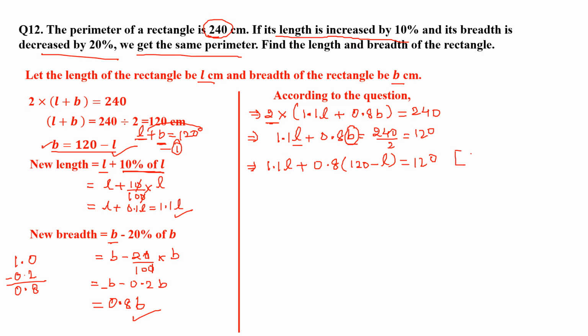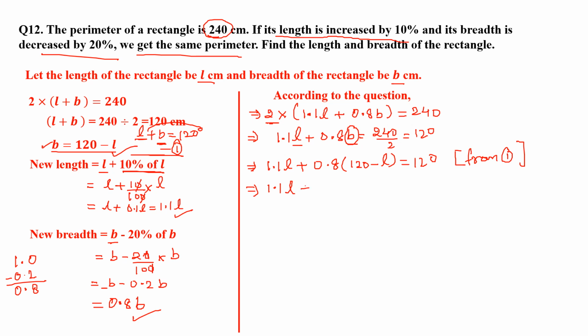And here you can write from first, because teacher wants to know why you have changed B value to 120 minus L. So you tell from first. First you have already marked it, so teacher can see from here that B value you have already taken out as 120 minus L.